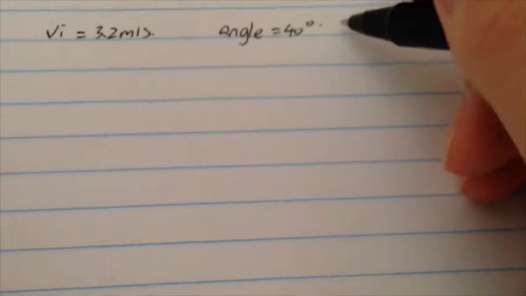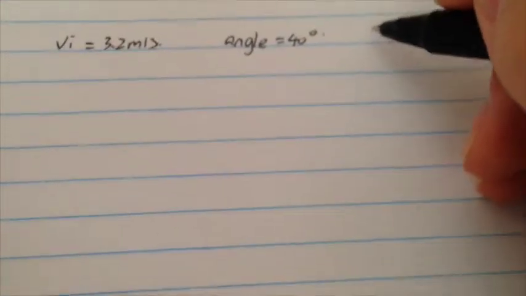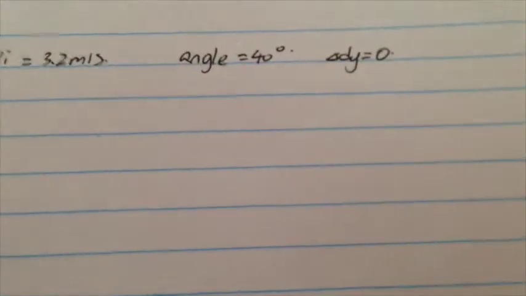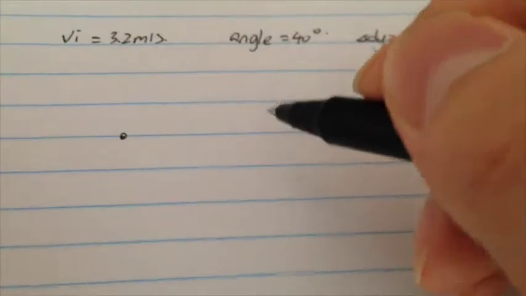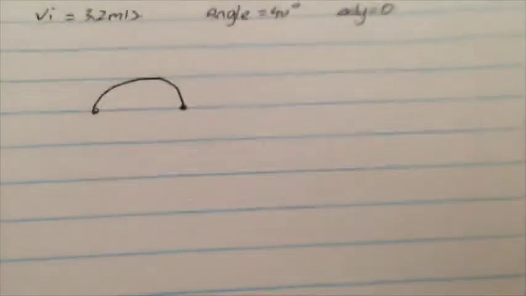In this question, the displacement in the y direction, delta dy, equals 0. This can be clarified using a simple diagram. Here is the point where the snowboarder starts his jump, and he travels in projectile motion and comes back to the ground again, at the same height as before he jumped.